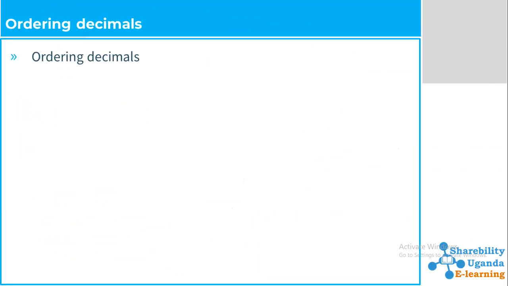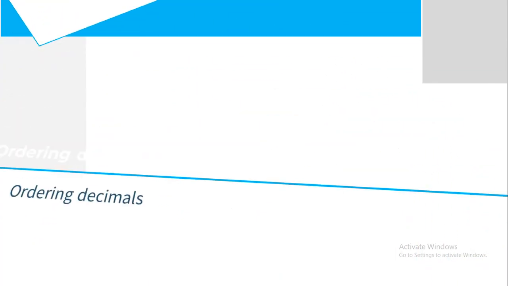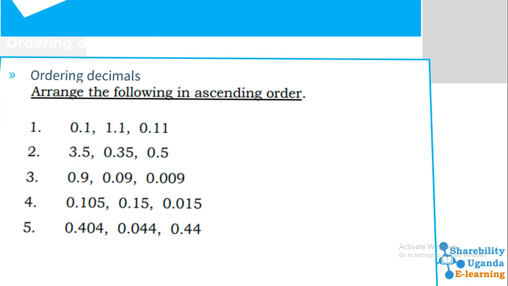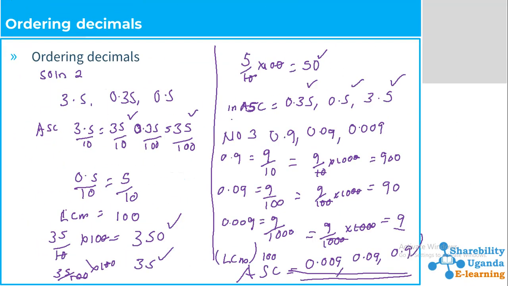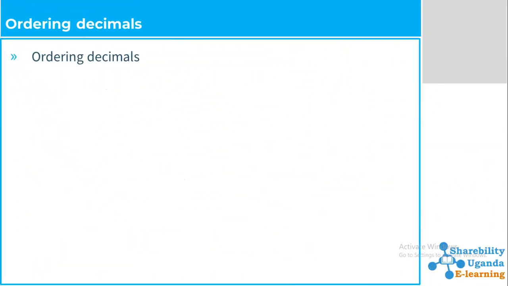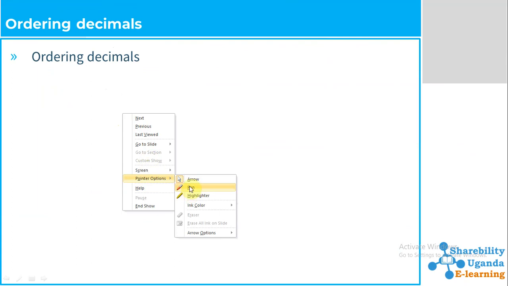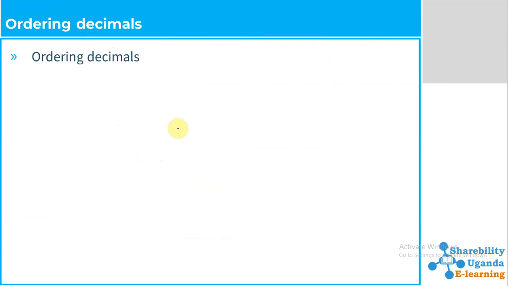Okay, so now let's write this last number of ours. Let's finalize with our last number. This is our solution, number 5.